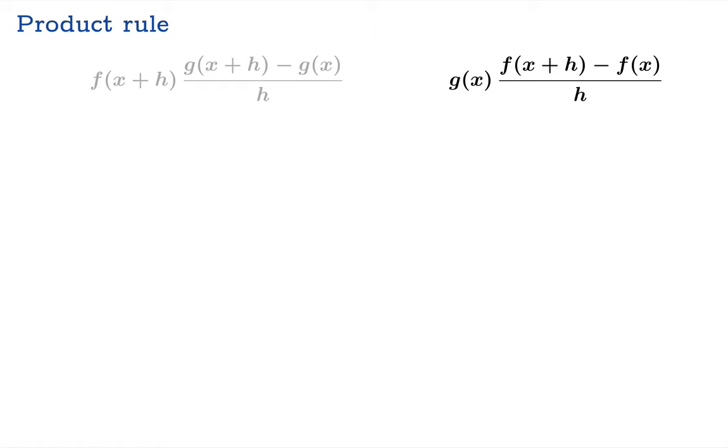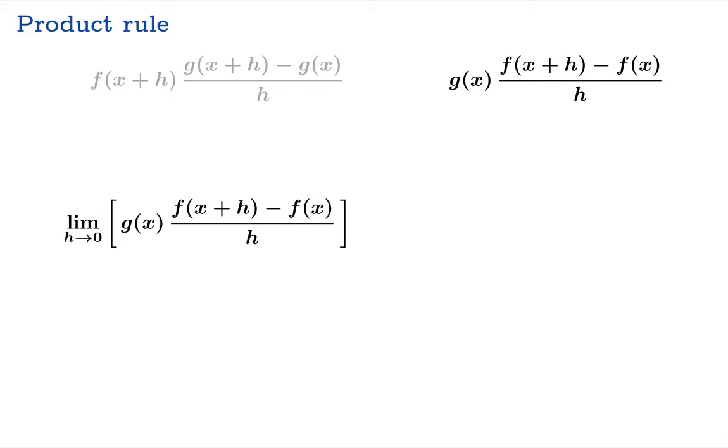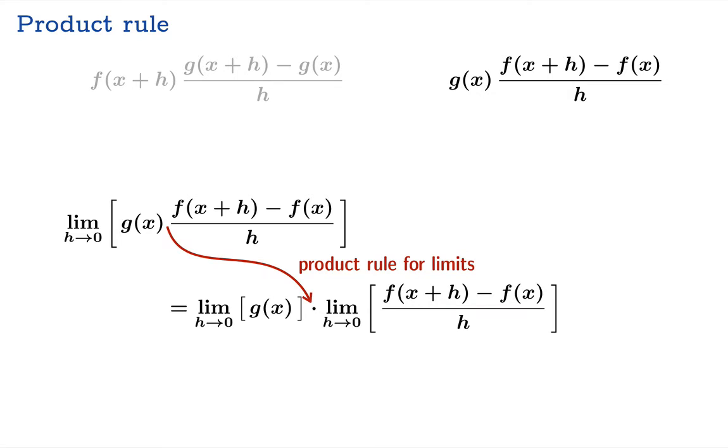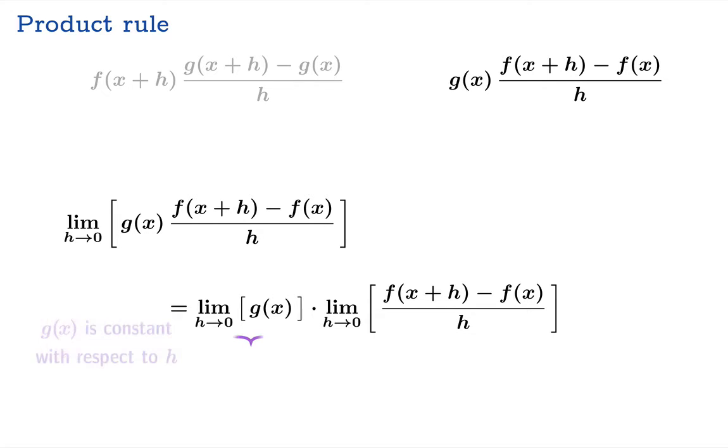So here's this right-hand term. And we're going to look at the limit of it as h goes to 0. Now, there's a product rule for limits, so we can take this product and take the limit of these two factors individually. And of course, g of x has nothing to do with h. It's constant with respect to h, so that limit is just going to be g of x.